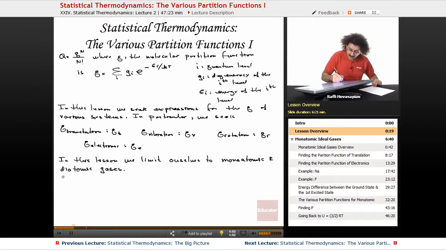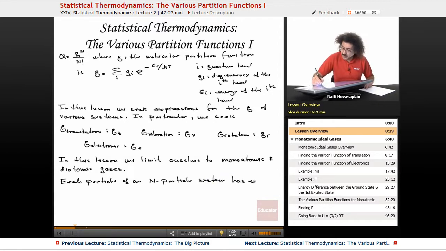Each particle of an n-particle system has energy E. The energy of the particle is distributed among the different ways that the energy can be stored.